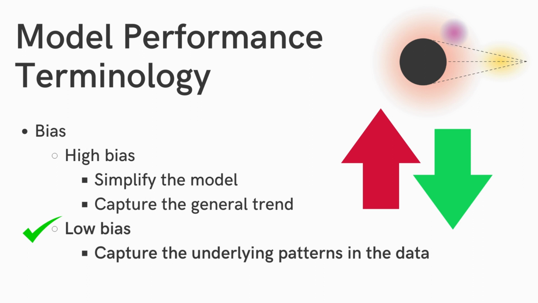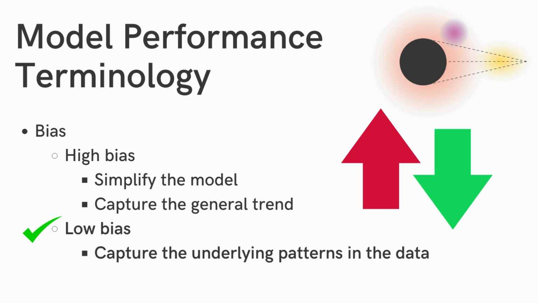It may not capture the underlying patterns in the data. For example, you have the data and you are modeling with a linear regression model. It's a generalized version. It does not capture the underlying patterns in the data. So our goal is to achieve a model with low bias.